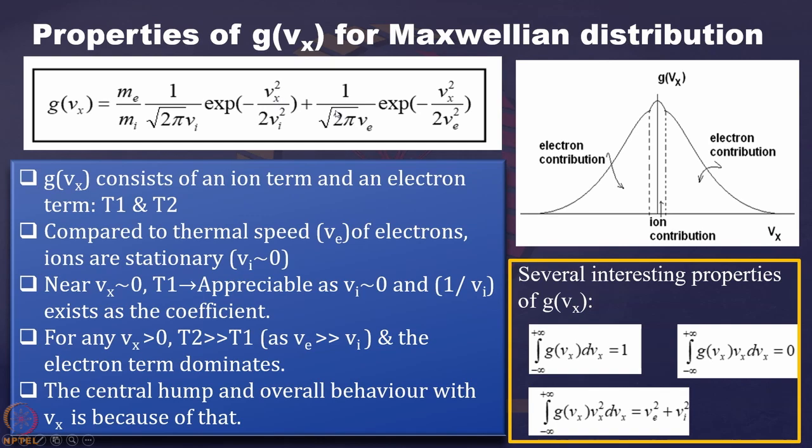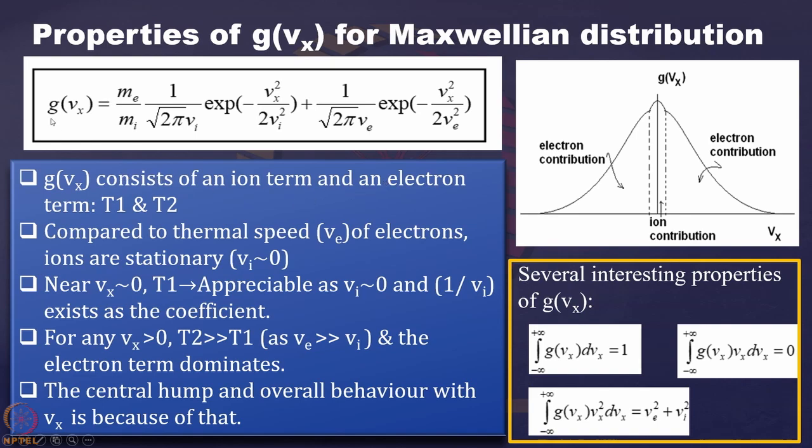If you forget about the physics behind it and want to plot this, because this is a function of Vx, you have some Vi and some Ve. You can blindly make a plot of this, but to do so, you really need to know what Vi and Ve are in this case, and whether there is any relative importance of this term and this term.